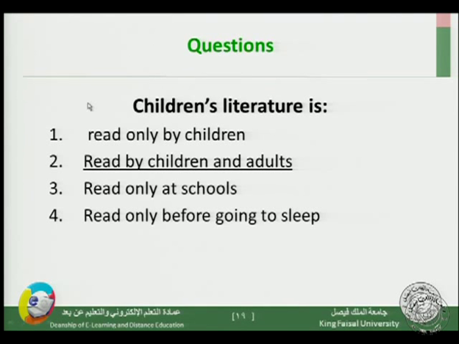So, is children's literature read only by children? If Animal Farm can be children's literature, Robinson Crusoe can be children's literature, and all classes of people, grown-up people, old people, have read these. Read by children and adults, or read only at schools, or read only before going to sleep? No. Number 2.